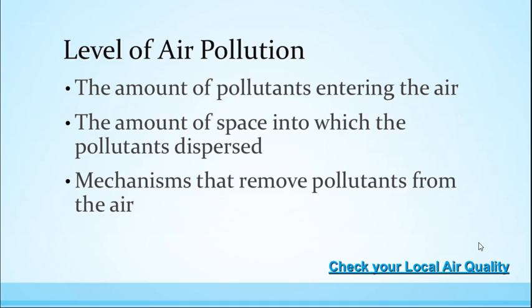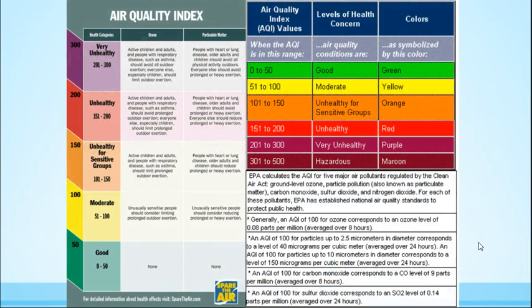They last for 100 years. But some things fall out pretty quickly, like sulfur dioxide forms sulfuric acid and rains out fairly quickly within a couple of days, a week, a couple of weeks. So it really depends on what you're talking about and how it works in the atmosphere. And that brings us to the air quality index. There are different levels, and you see these on the news.